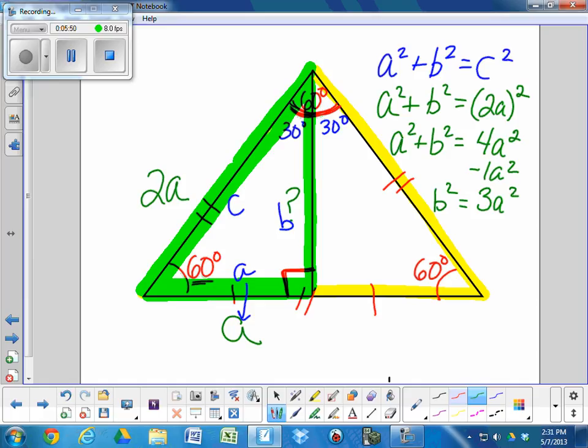When you know what B squared is, how do you find B? You square root both sides. So B would equal, I'm going to write the plus or minus, but it's going to disappear, the square root of 3A squared. Why don't we need plus or minus when speaking of plane geometry? Correct. We can't have a negative length.